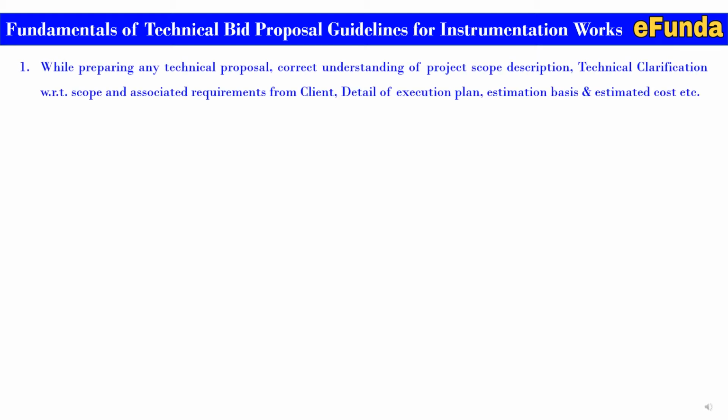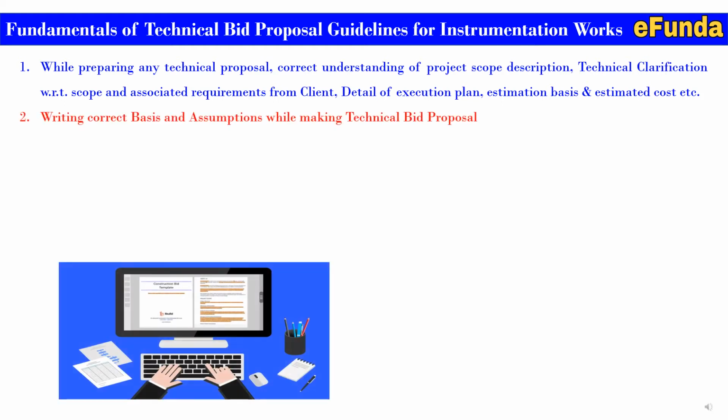Moving on to the fundamentals of technical bid proposal guidelines for instrumentation work. First, while preparing any technical proposal, correct understanding of a project scope description, technical clarification with respect to scope and associated requirements from client, detail of execution plan, estimation basis and estimated cost, etc. are included. Second, writing correct basis and assumptions while making a technical bid proposal.